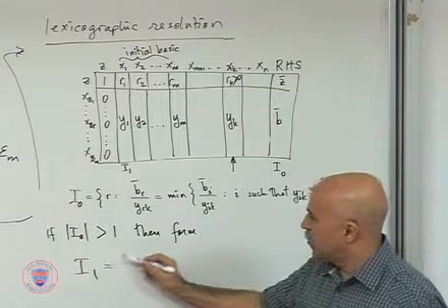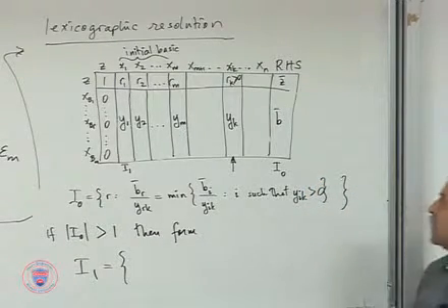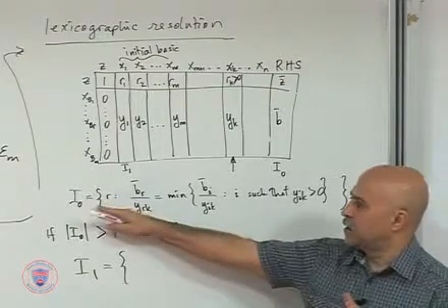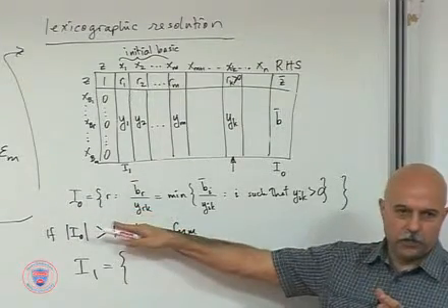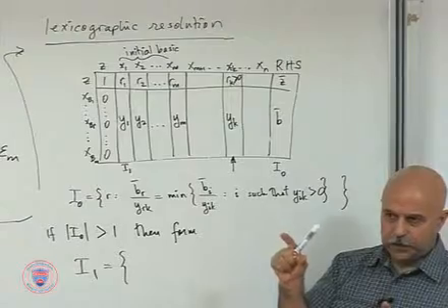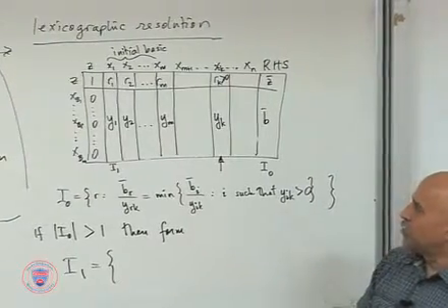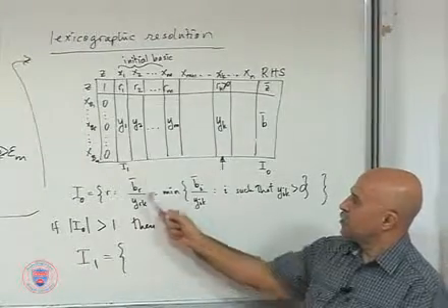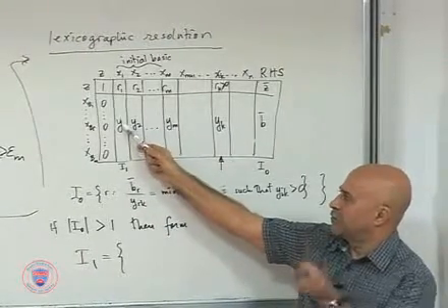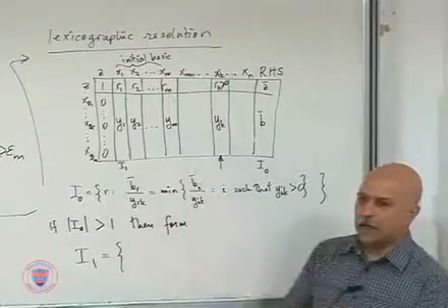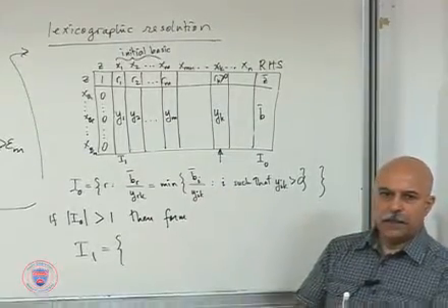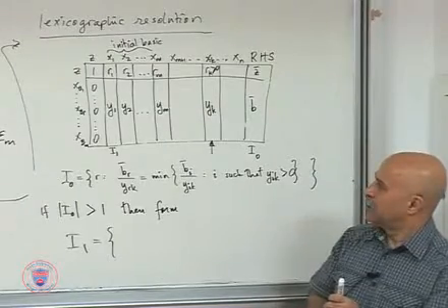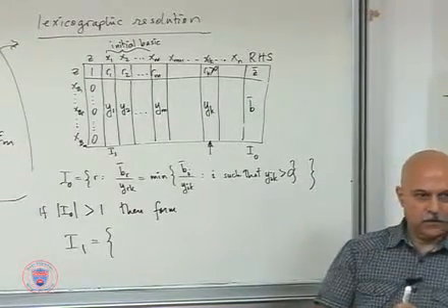So I sub 1, how do you form that? What you do is the following. You restrict your attention to row indices that are already in I0. These are the tied ones. Of those, you look at the ratios of those with the corresponding elements of the first column here, and then you choose the minimum ratios relative to that.